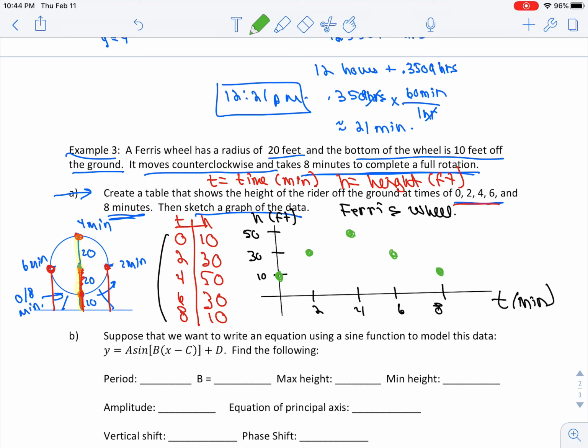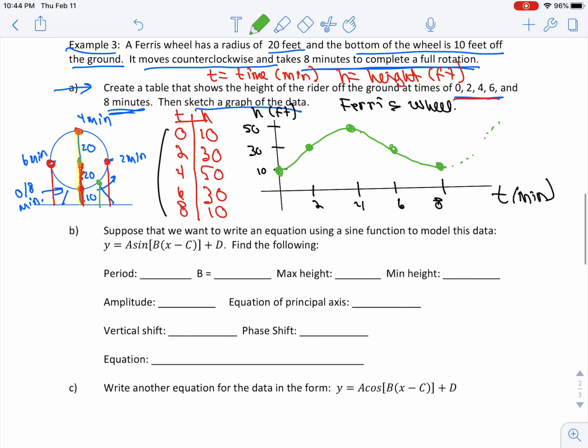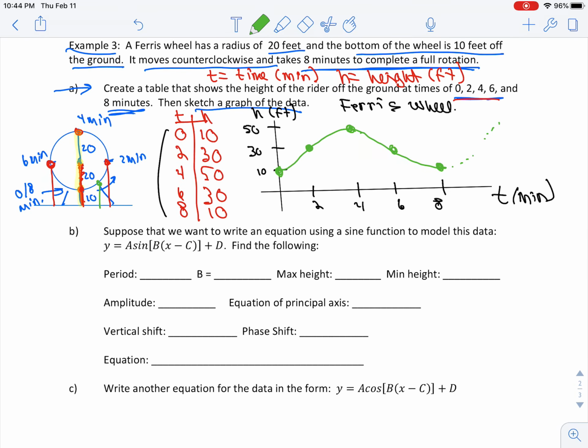If we went in here and measured, what about at 1 minute? How high is it off the ground? And did some calculations and put in some more points, we would find that this is going to be sinusoidal. So the graph can look like that, and then it continues on. If I continue on with another rotation around the Ferris wheel, then I would just get a repeat of that kind of chunk.